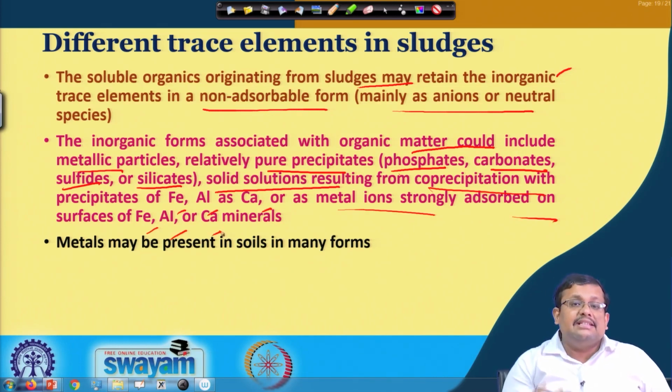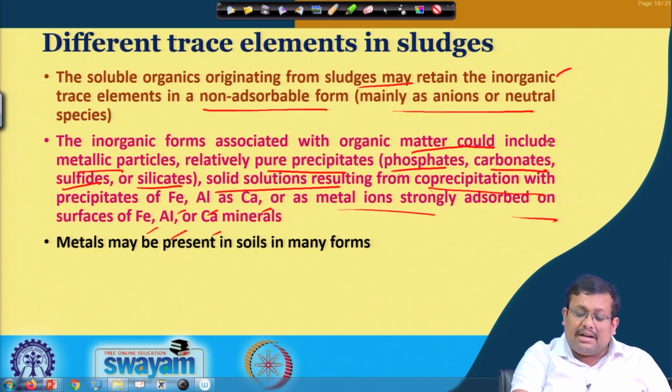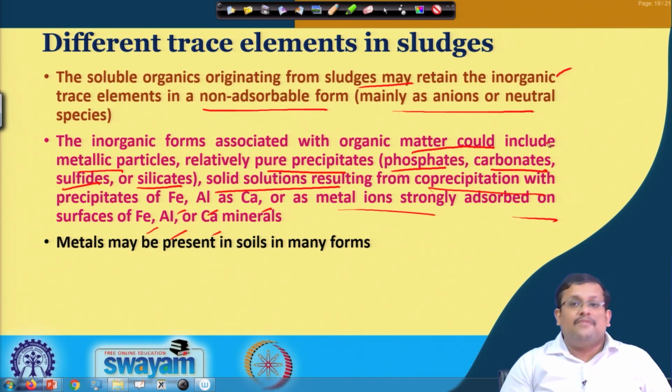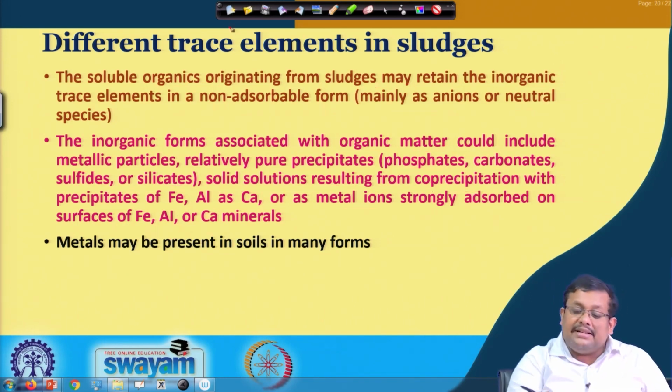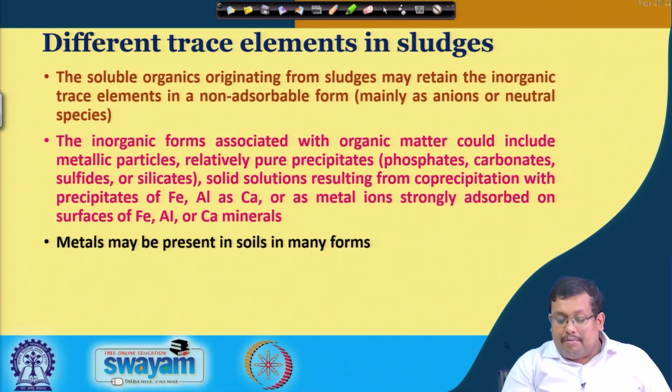So, you can see that these trace elements can be present in the sludge in different forms, and metals may also be present in soils in many forms: as metallic particles, precipitates, solid solutions, co-precipitations, or strongly adsorbed. So, there are different forms in which they are present in the sludge, ultimately creating the environmental problem.